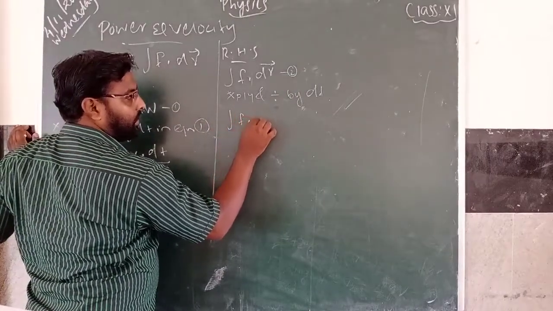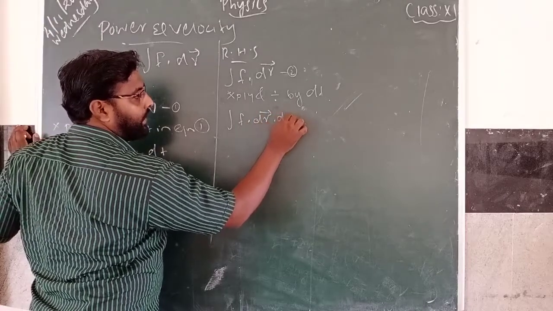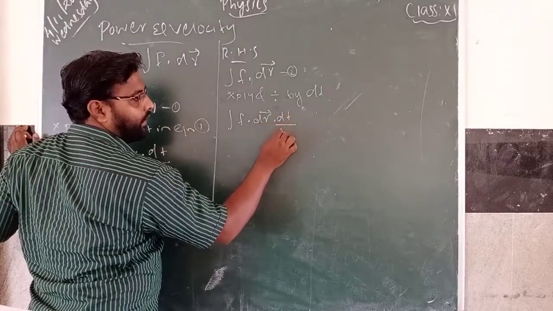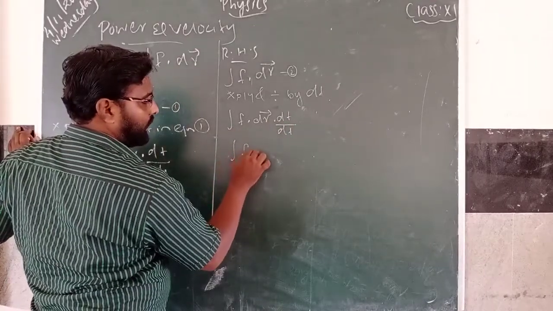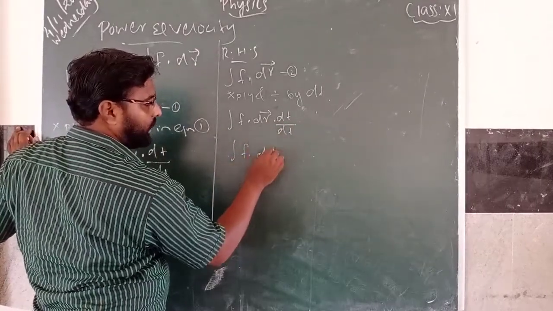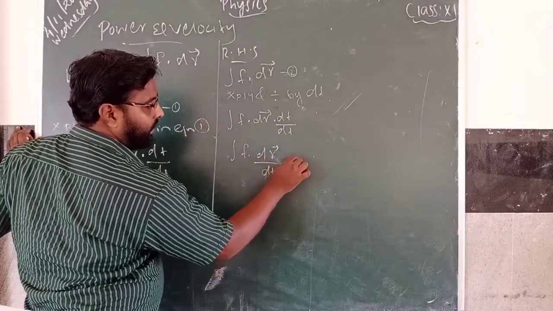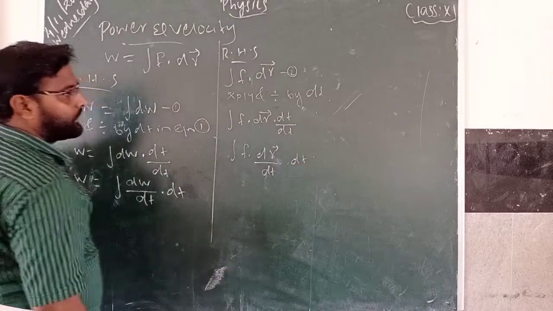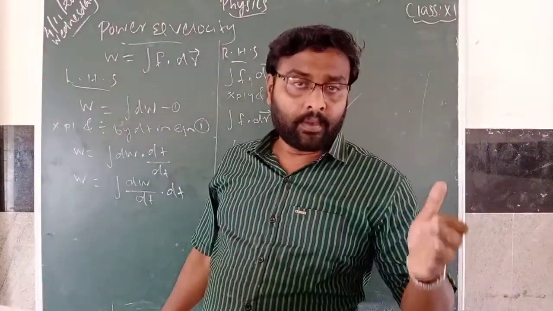F dot dr into dt, multiplied and divided. So rearrange and write: F dot dr by dt into dt. This is the RHS side.